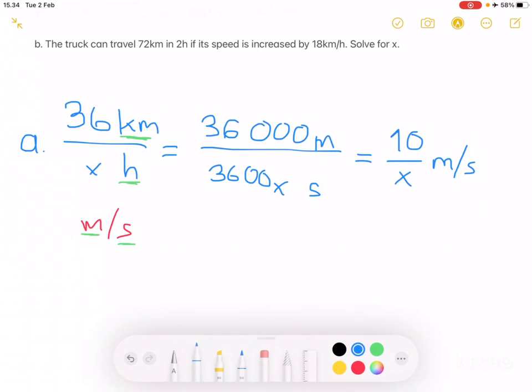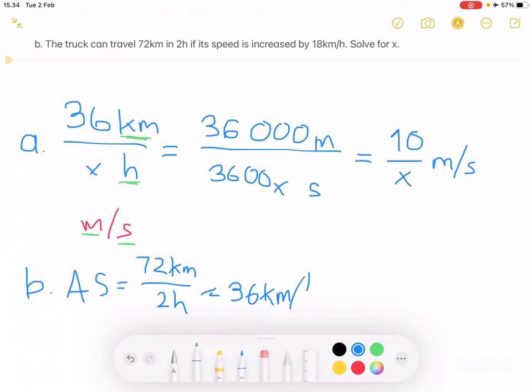However, if you can set up the equation properly, you might get it. So it says the truck can travel 72 kilometers in 2 hours. So its average speed for this distance will be just 72 kilometers over 2 hours, which is just 36 kilometers per hour.